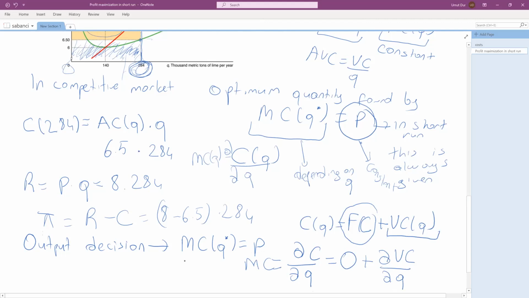So basically, fixed cost does not affect my output decision.